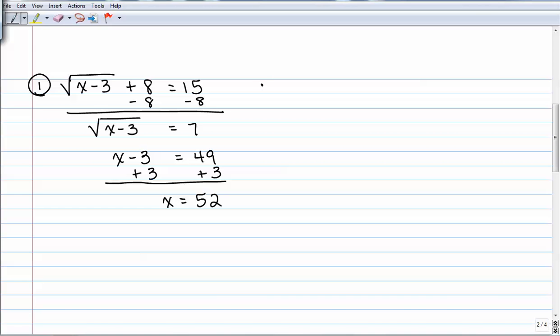I need to check this. Recall that to check an equation, you plug your answer, in this case 52, back into the original equation for x. So is the square root of 52 minus 3 plus 8 equal to 15? Now what I need to do is PEMDAS each side.